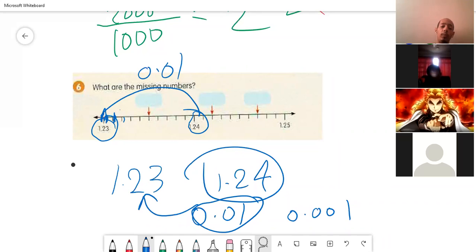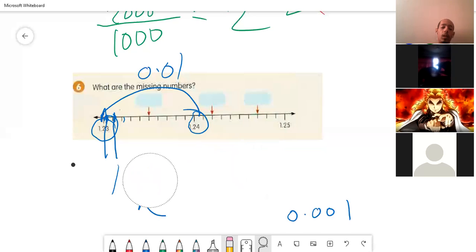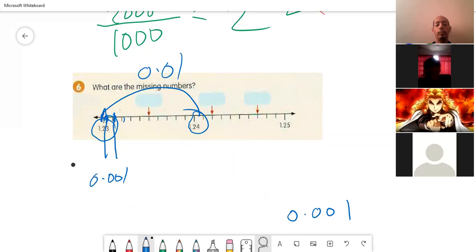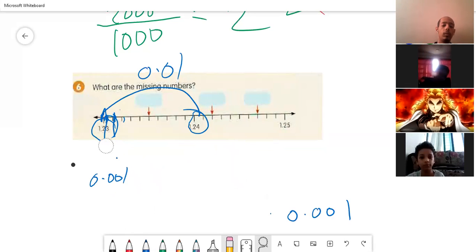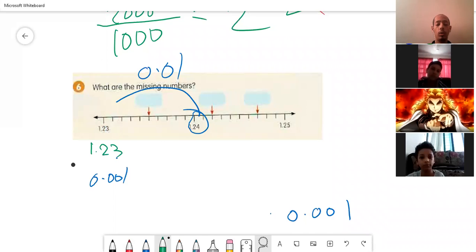So between the smaller divisions is 0.001. The division after 1.23 is going to be, because this is actually 1.230, right?